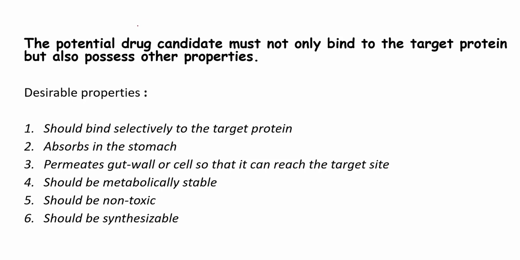Say you have found a molecule. Let's say this is the active site, and you have a molecule that binds to the active site pocket, right? There is some kind of interaction.